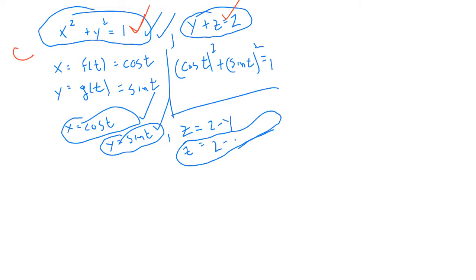What has to go here? Well, what is y? Good, that's right. y is the sine of t. So that means z equals 2 minus the sine of t. And so these are my three parametric equations.